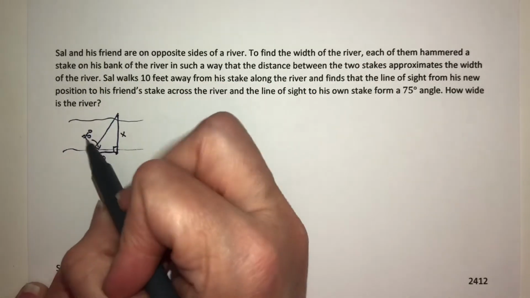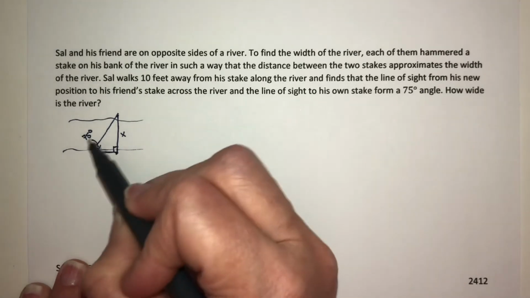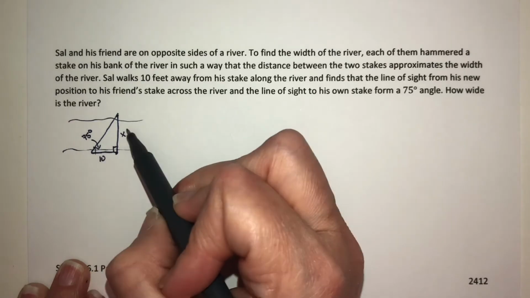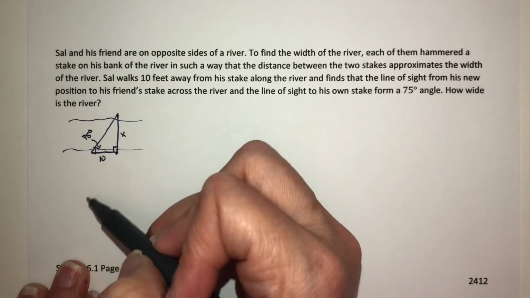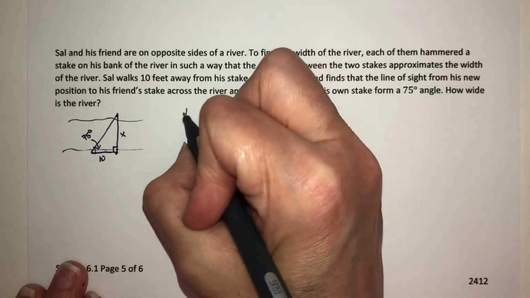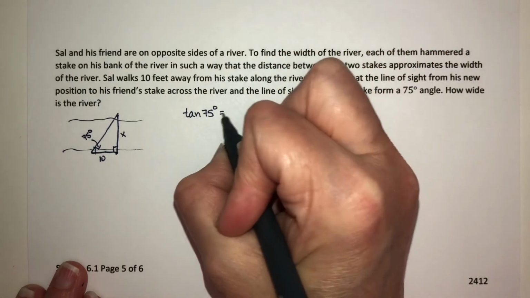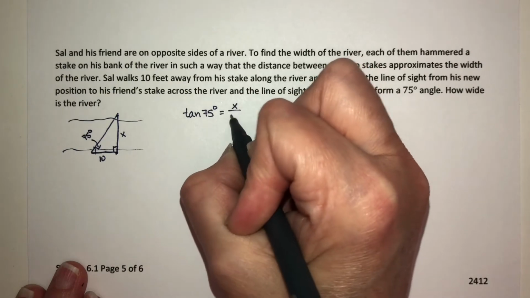So now we just need to figure out the relationship between these two sides and this angle. Well, what compares opposite and adjacent? That would be tangent. So tangent of 75 degrees will equal x over 10.